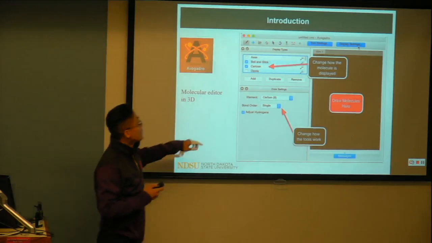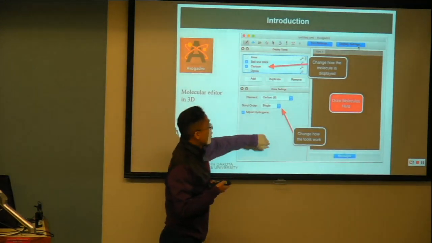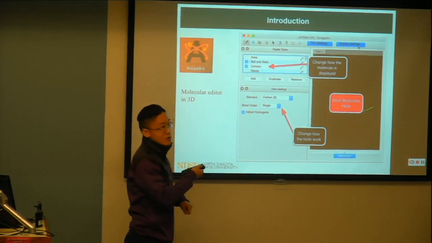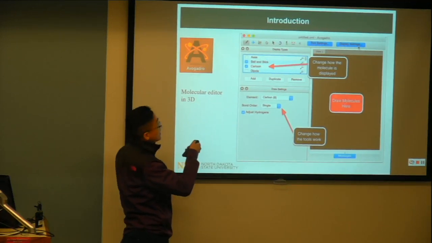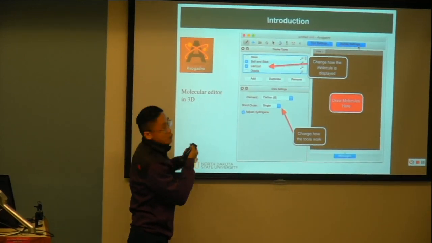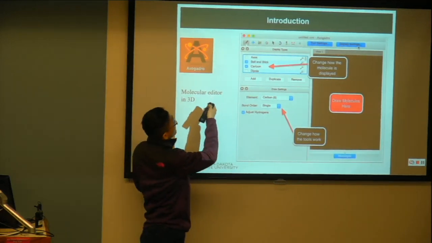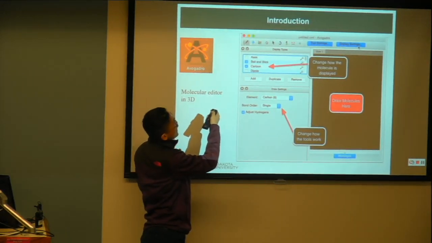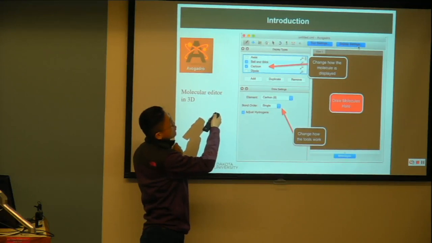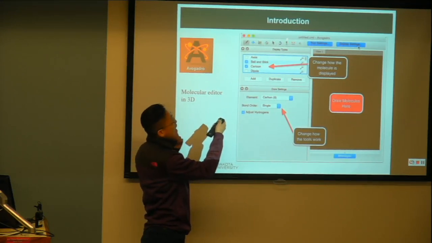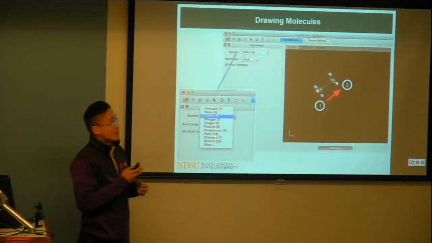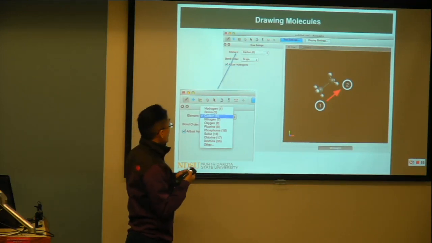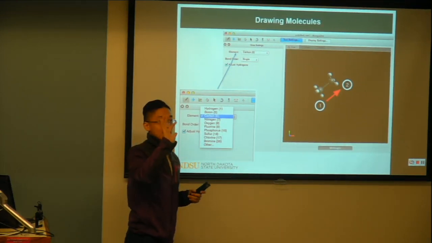And here is the main window for Avogadro. You can draw the molecule in 3 dimensions here, and also change how the molecule is displayed using these settings. It also provides different tools, for example for drawing, navigation, manipulation, selection, rotation, energy minimization, and also the measure tools. If we want to draw some molecules, we can use the left click to draw an atom and the right click to delete the atom.